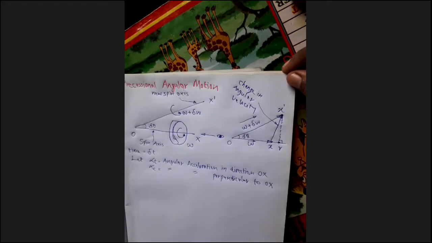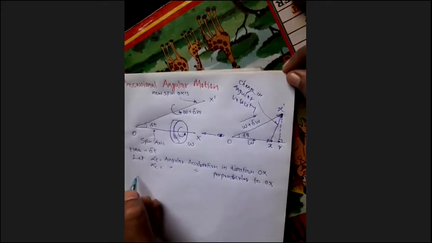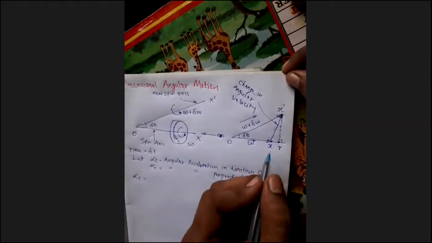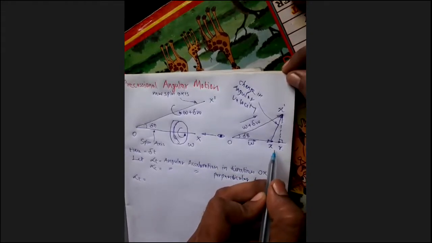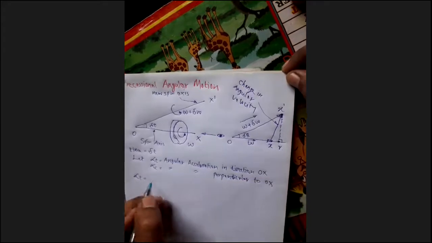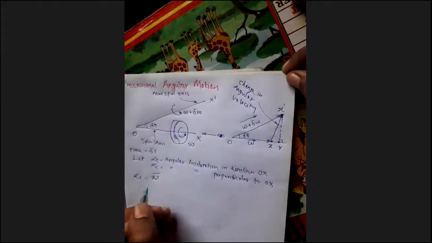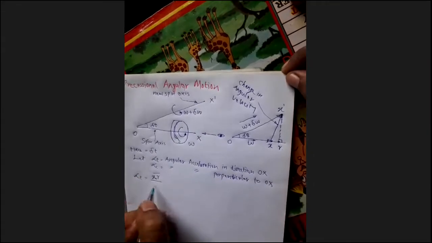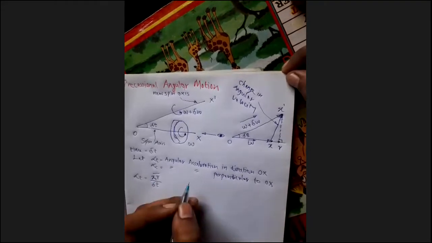Therefore, when I want to find alpha t, the angular acceleration in the direction OX, I will take the change in velocity along OX. The change in velocity along OX is vector xr, divided by time delta t. So this is the rate of change of angular velocity.